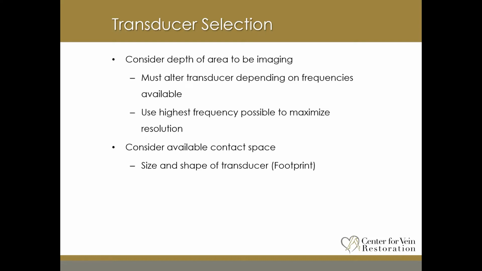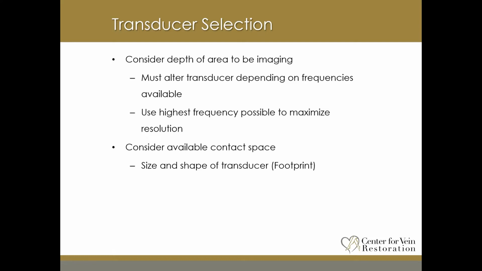It allows us to choose the higher frequency that's needed for more superficial vessels or a lower frequency that is better for deeper vessels. Low frequency is going to give you better depth penetration. However, you're going to get more attenuation. That means loss of the energy in the signal.